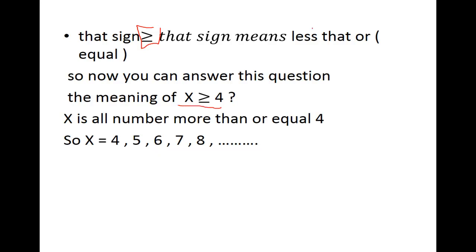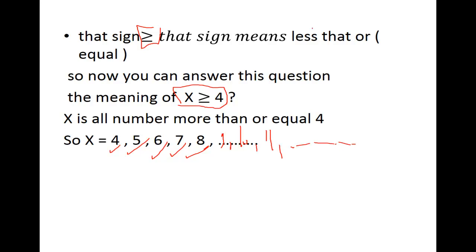If x is more than or equal to 4, so x is a whole number more than or equal to 4, x will equal 4, 5, 6, 7, 8, and so on, 9, 10, 11, and so on. All the numbers after 4 are correct.